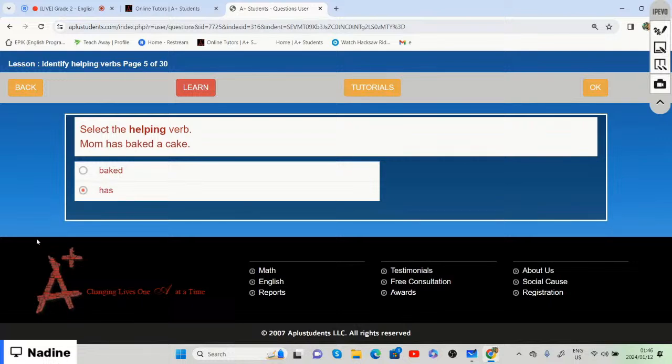So we need to say which one is the helping verb. Is it baked or is it has? We need to select the helping verb. And in this case, we already selected the helping verb, which is has.